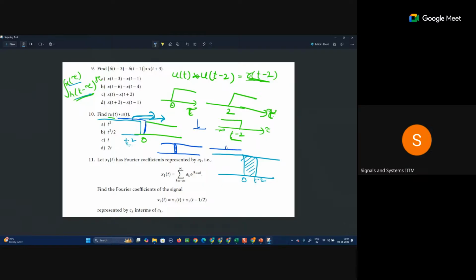And later, as the same signal keeps moving, the area under the curve will be growing, right? Are you getting it? So it is increasing directly, right? How can I prove it? It's growing linearly.